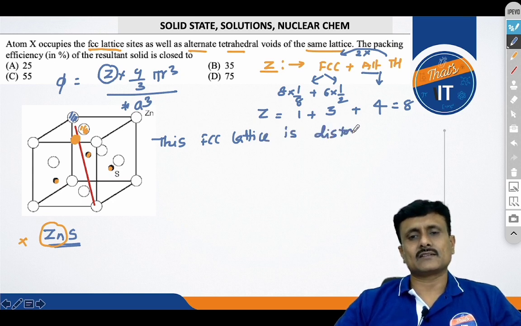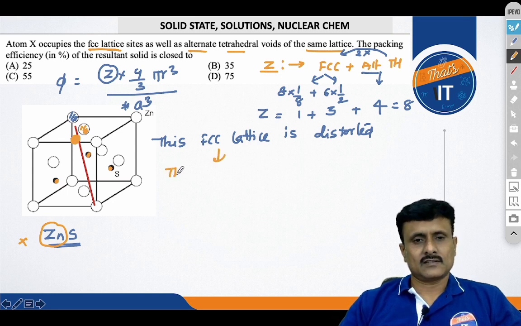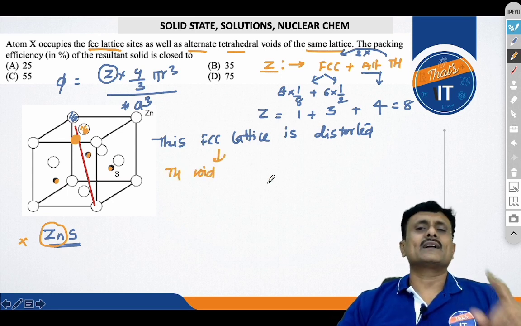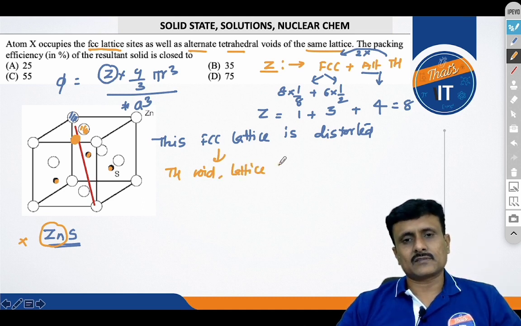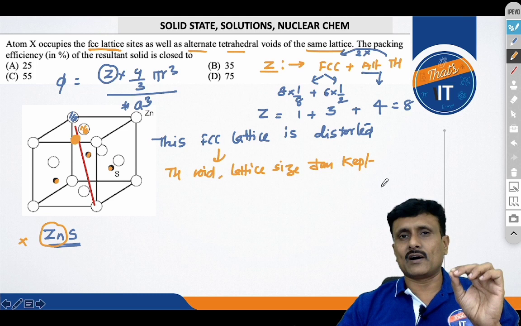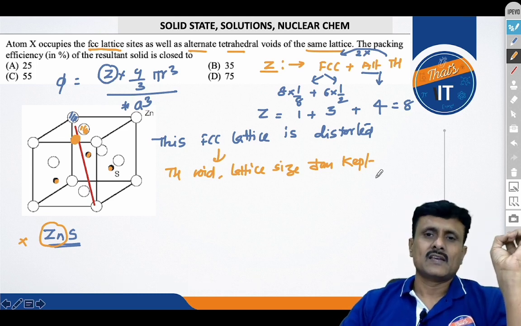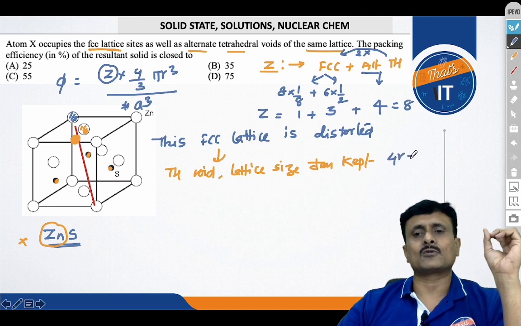Why am I saying this? Because in the tetrahedral void, the void size atom is not kept. The lattice size atom is kept. When the lattice size atom is kept, you know that it is not going to fit into the voids, hence the distortion will take place. Therefore it is absolutely wrong saying that 4r is equal to root 2 a.